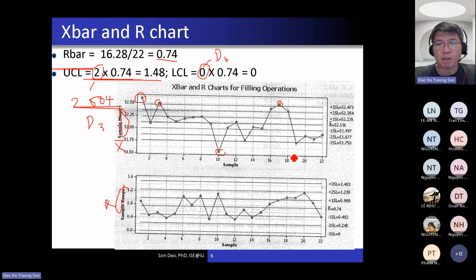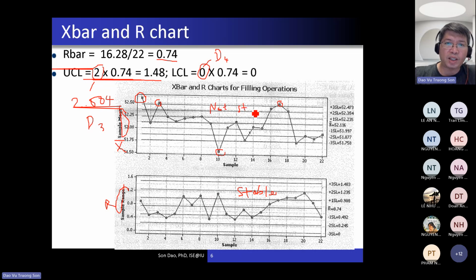As I've mentioned before, even if only one chart shows a sign of instability, this means the process is unstable, regardless of the other chart. In order for the process to be stable, both charts have to be stable. For example, now you can see that the R chart is quite stable, but the X bar chart is not stable.